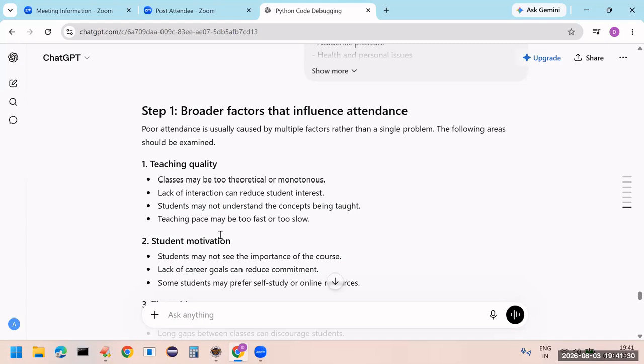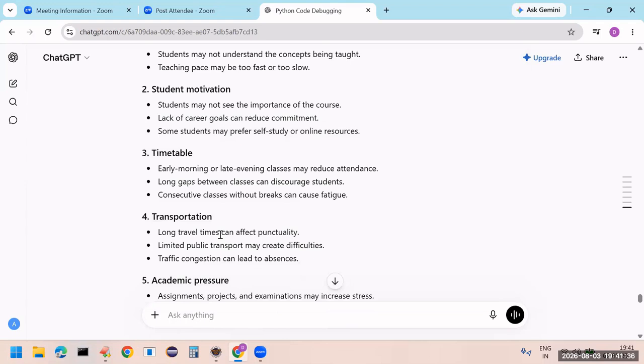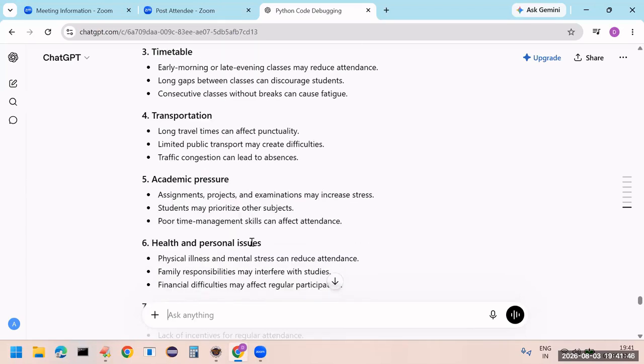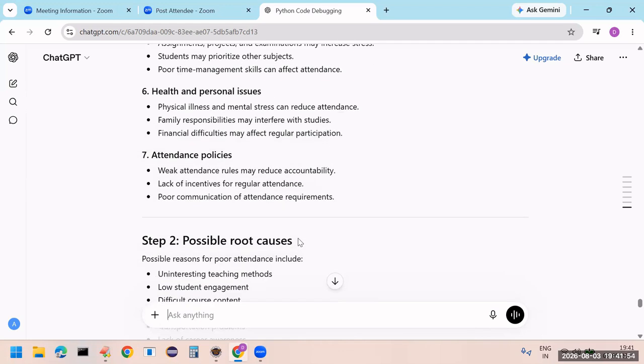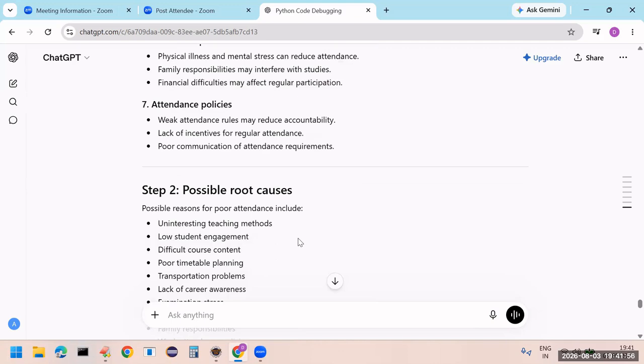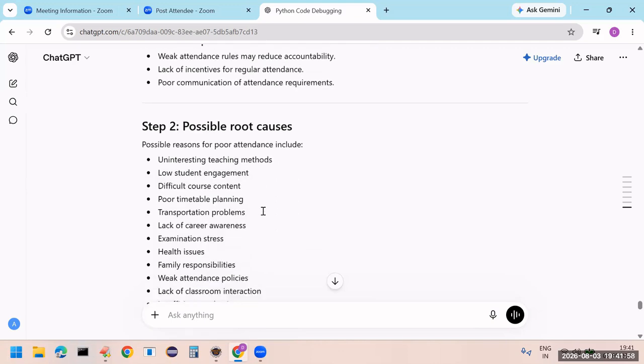Teaching pace may be too fast or too slow. Student motivation. Next, timetable: early morning or late evening classes may reduce attendance. Transportation, long travel. Have you observed? Beautiful. Even you can't analyze these things automatically. Assignments, projects, and examinations may increase stress. Attendance policies.